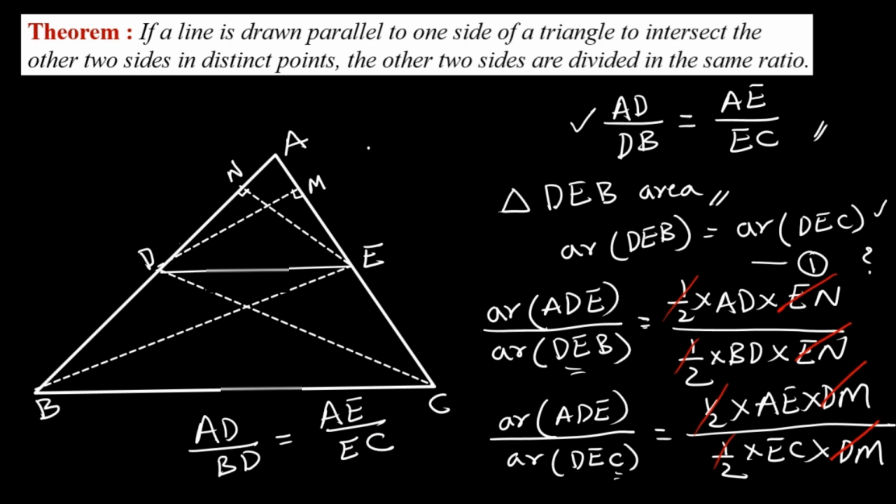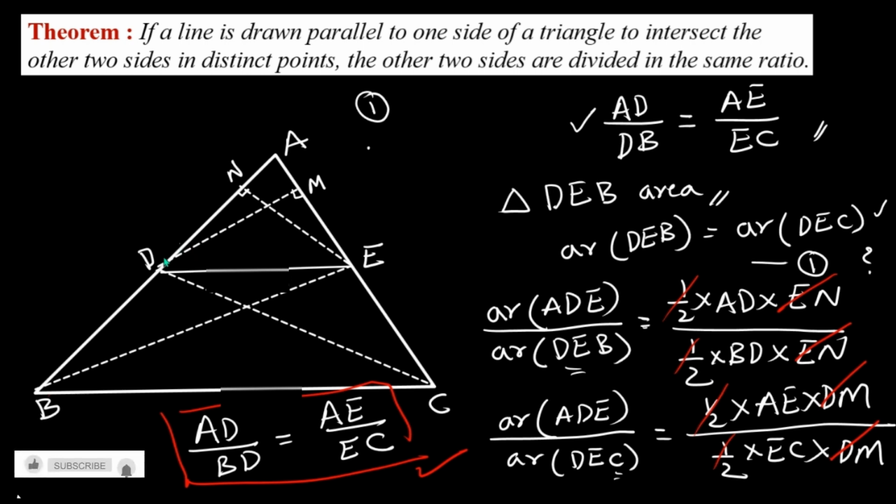Proved, right? You need to remember two points to prove this concept. One, we need to find the triangle areas ADE by DEB and ADE by DEC, create these ratios and make them equal.